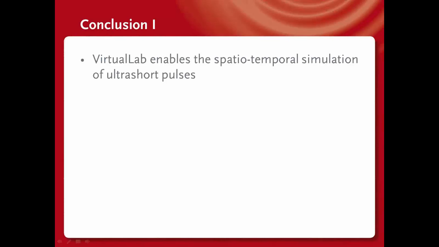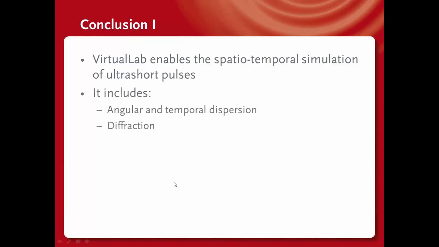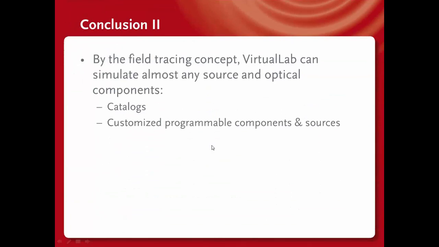I hope you have seen that VirtualLab really enables the spatial-temporal simulation of ultra-short pulses, and it includes the angular and temporal dispersion effects, diffraction effects, coherence, polarization, and aberration effects. And by the field tracing concept, VirtualLab can simulate almost any source and optical components.